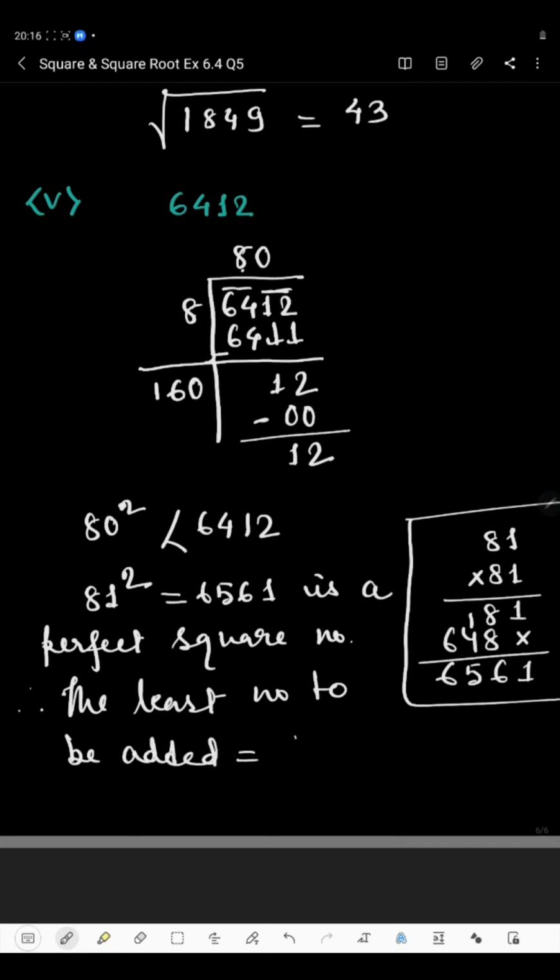By subtraction. So 6561 minus 6412. Now 2 to 11 is 9. So here 6 will be 5. So 1 to 5 is 4 and 4 to 5 is 1. So that means 149 is to be added to 6412 to get 6561.